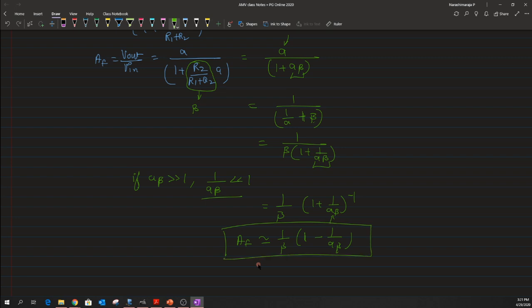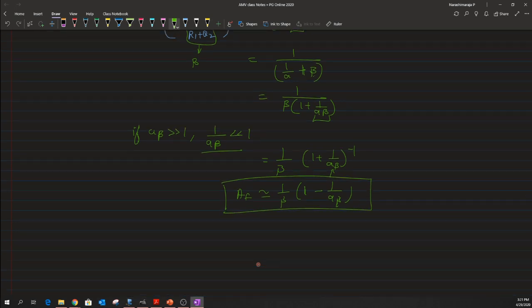So now we know that ideally, when the circuit has an op amp whose gain is infinity, this AF would be equal to 1 upon beta. This is the expected value and this is what we wanted.